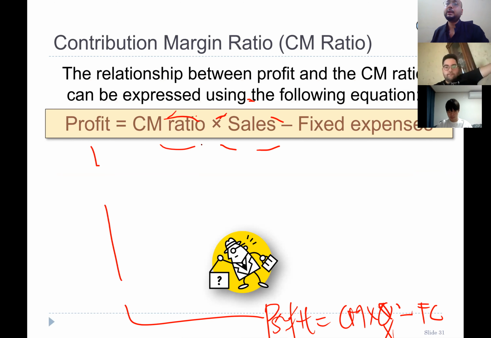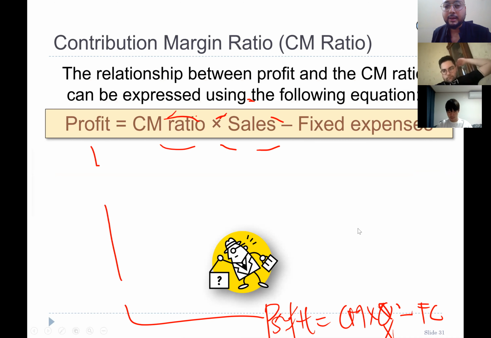So there's a difference between when you are given data in terms of CM ratio and when you are given data in terms of CM per unit. The equation would be CM ratio multiplied by sales. If CM per unit, then CM per unit multiplied by quantity. That's the only difference. That's it.